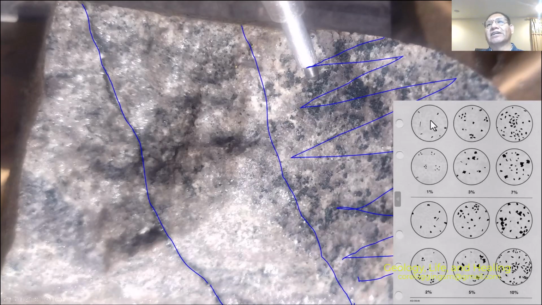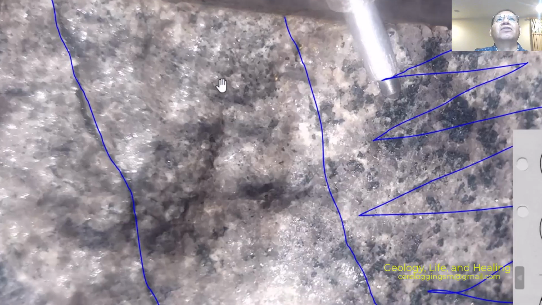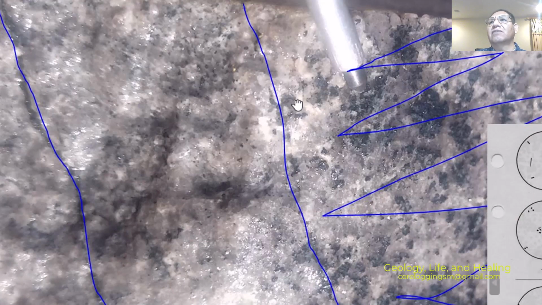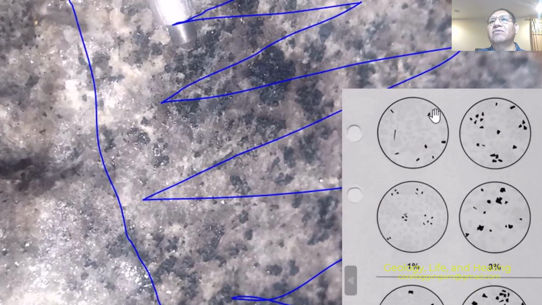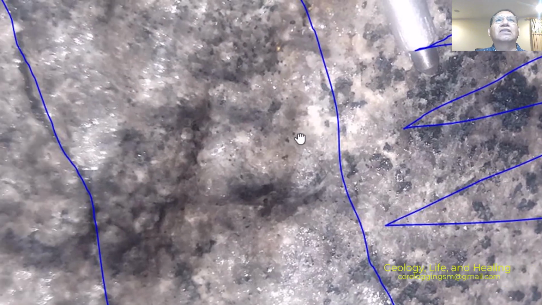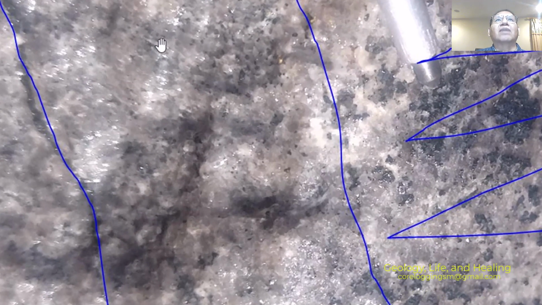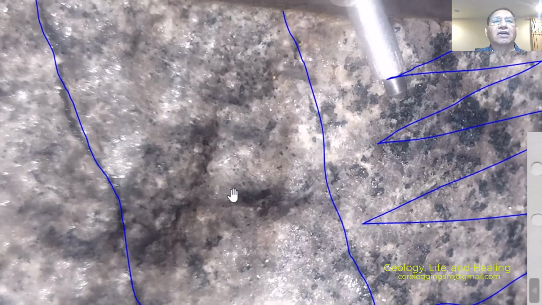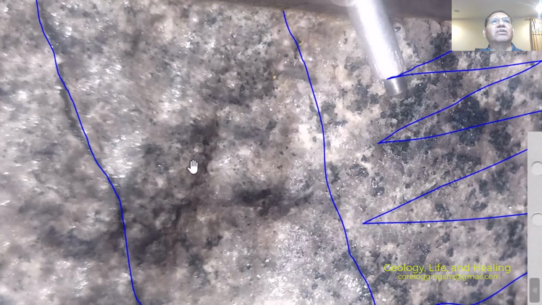So we have the chart, we compare. If we move this one or that one to this space and put it in here, that's going to be very clearly very close to 1%. And if we put it in here, it's also very close to 1%. So all this space is going to be the value of 1%.